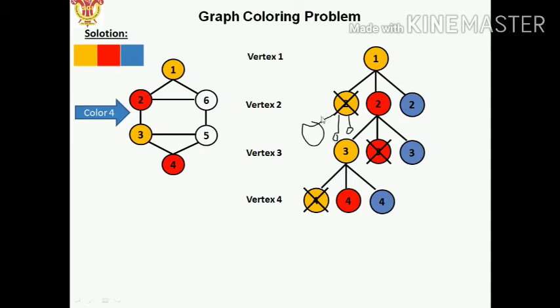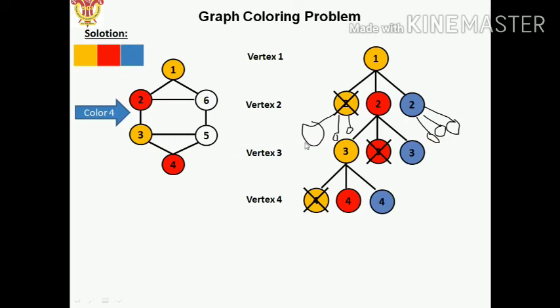That is what the state space diagram is all about. In backtracking, we have to make a state space diagram. So the state space diagram for this graph coloring problem will be like this: 1 is having 2, 2 is having 3 nodes, this 2 is having also 3 nodes, and this 2 is also going to have 3 nodes itself.